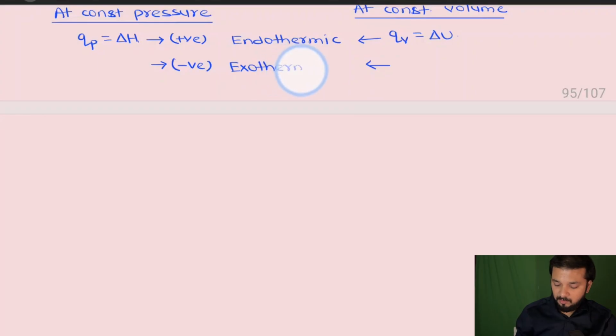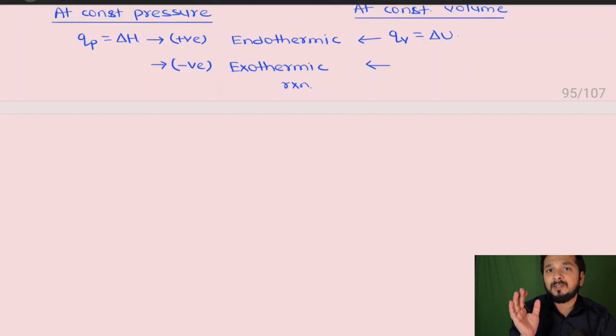For example, if I am saying that delta H of a reaction is minus 50 kilojoule per mole, it means 50 kilojoule of energy is released. Minus 50 means it is exothermic, that much amount of heat is released. So we can say 50 kilojoule of energy is released in the reaction.